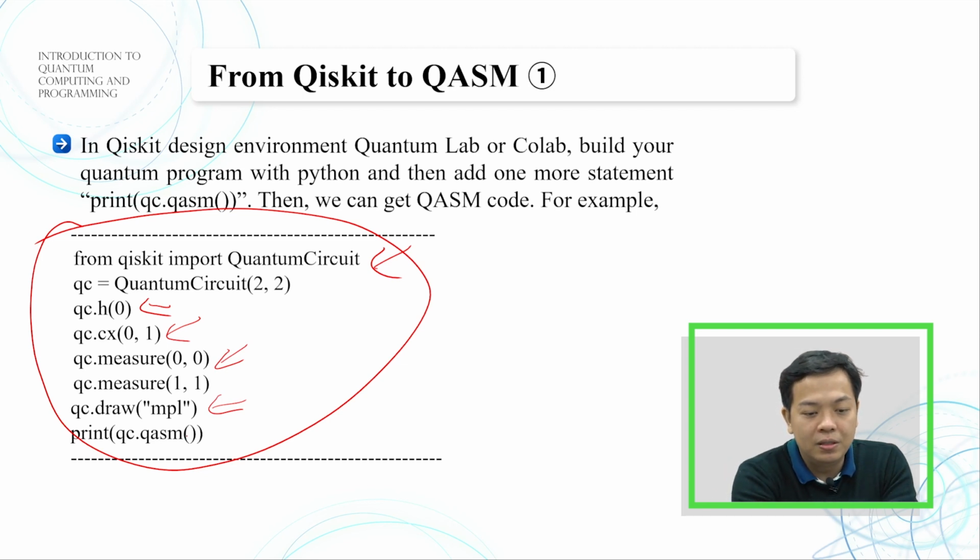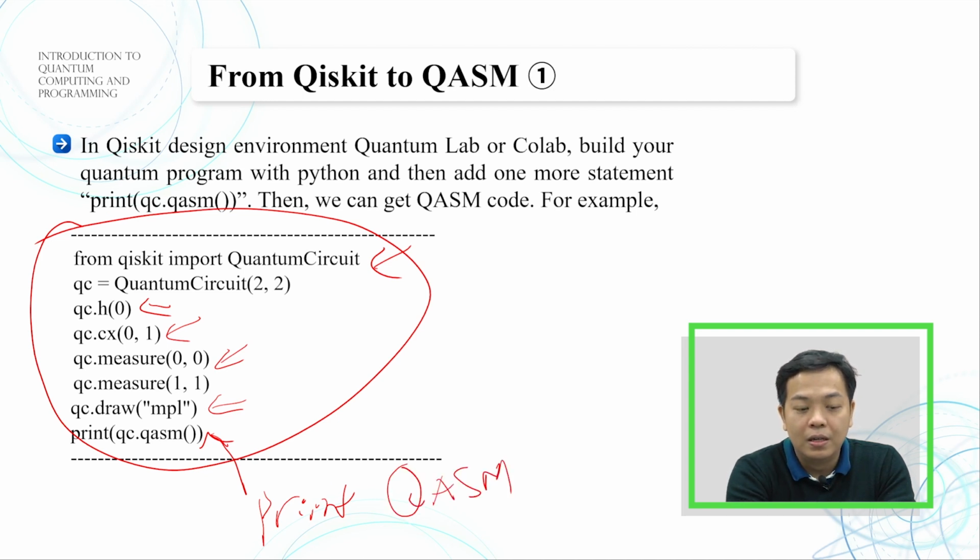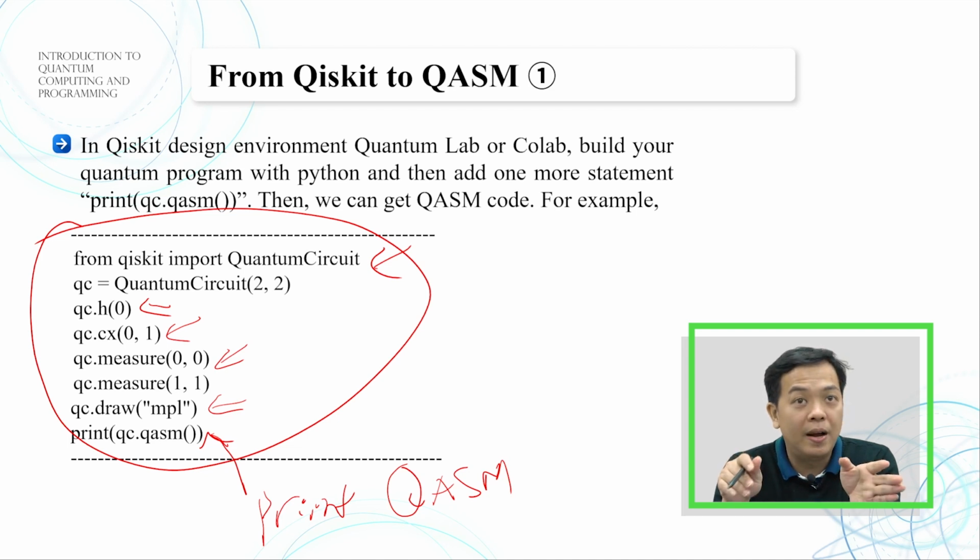And after this last command, this can print the QASM code. Actually, that's how you can convert between the two kinds of formats.